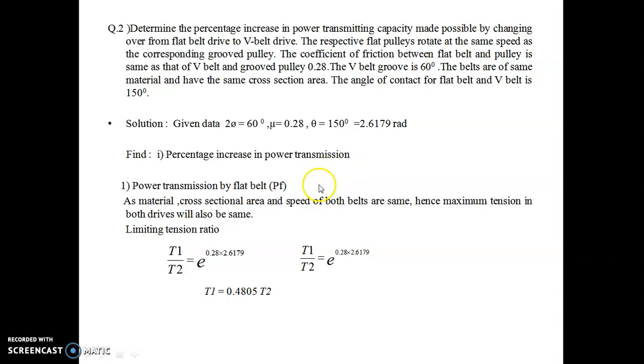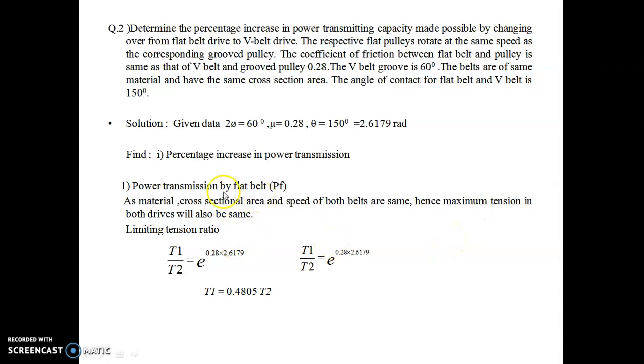For that we need the power transmitted by flat belt and power transmitted by V belt. So first of all we will see the power transmitted by flat belt. As the material, cross-sectional area and speed of both the belts, that is flat belt and V belt, are same, hence the maximum tension in both the drives will also be the same.